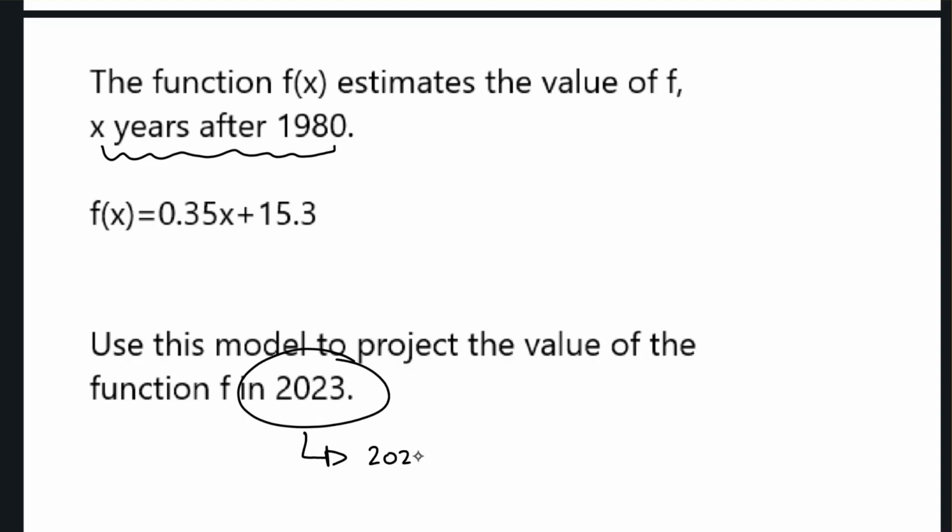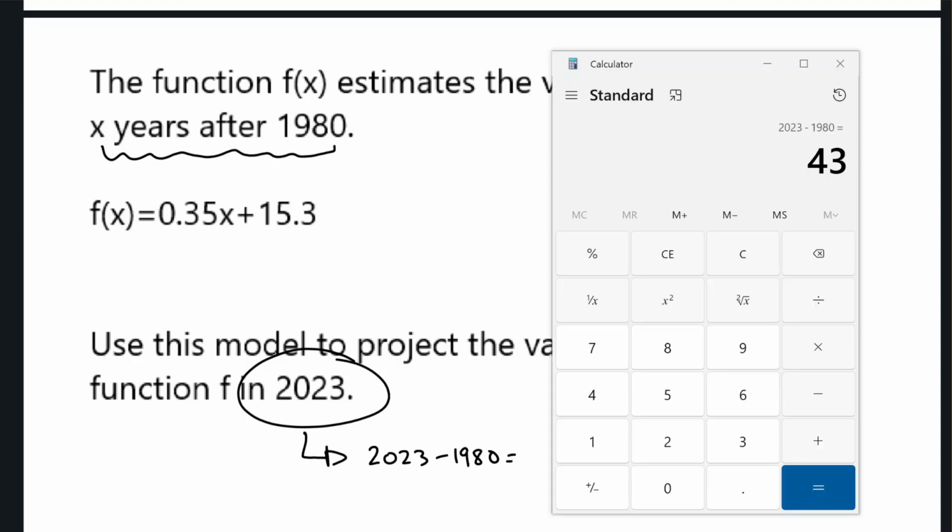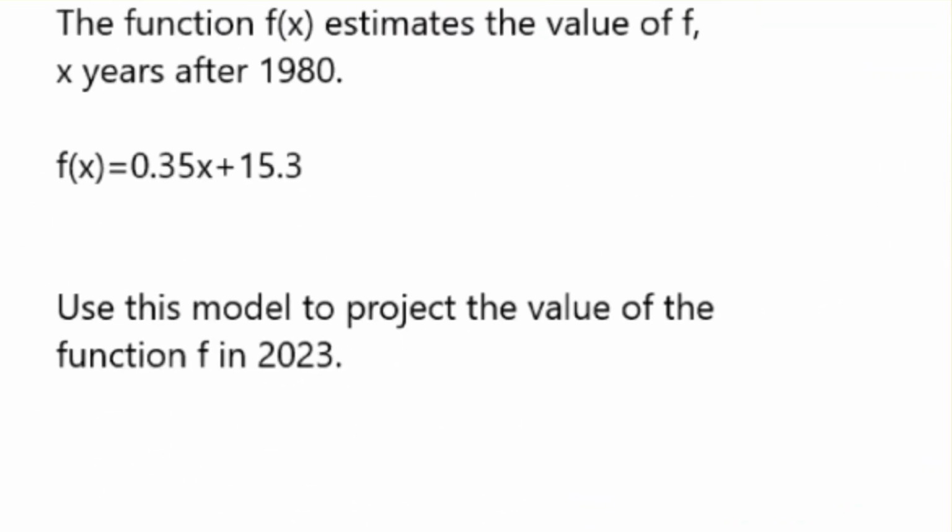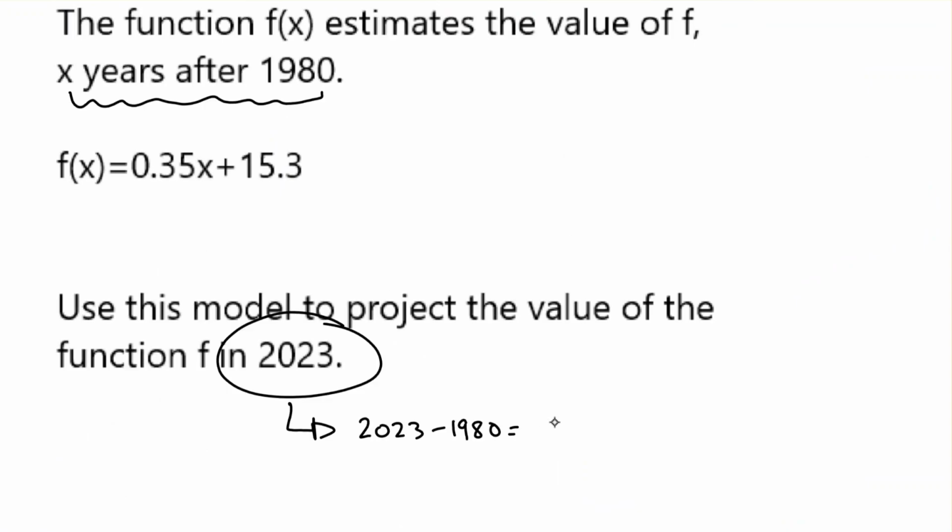So 2023 minus 1980 will tell me how many years it's been since 1980. If we type that into our calculator just to double check, we don't want to make a mistake from a small calculation error, that is 43 years. Now I use that as my x value in this equation.